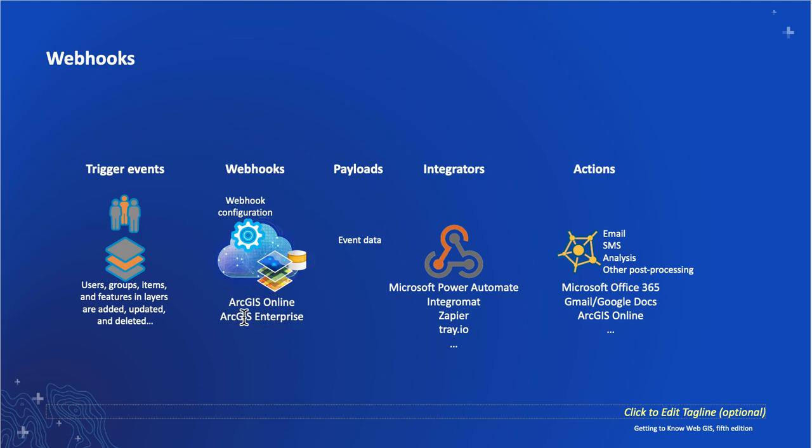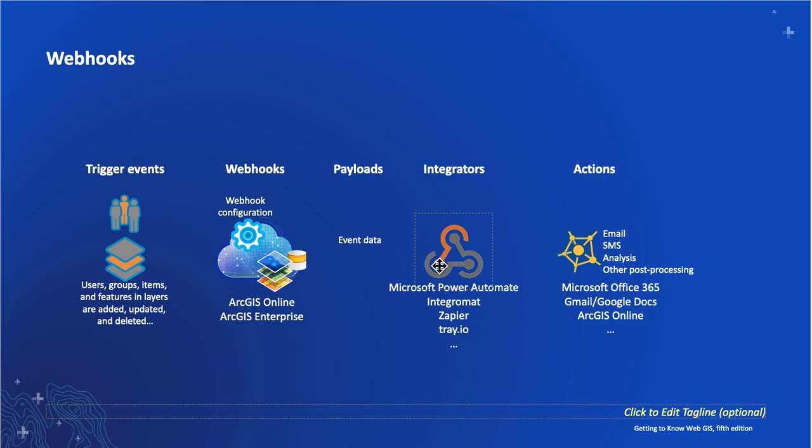So again, ArcGIS Online and ArcGIS Enterprise use webhooks. A payload means that the trigger event data is sent to the webhook. So it notifies the webhook what is going on here. Did a user add data?